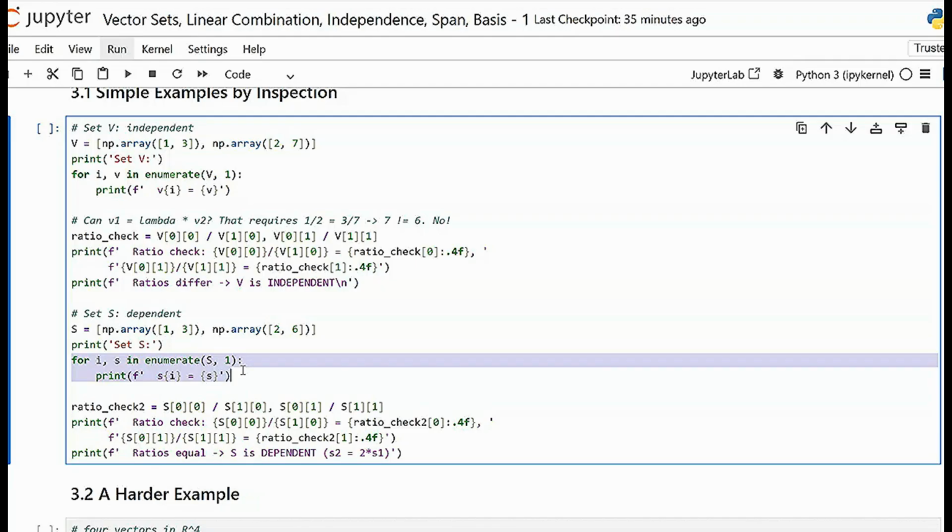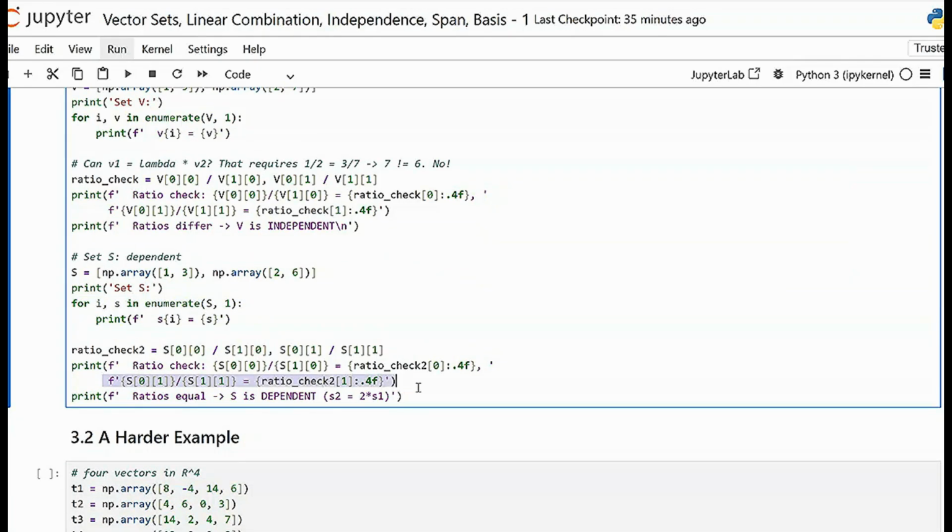Then we compute the element-wise ratios. It displays both the ratios, and within the ratios it shows that the ratios are equal with the same scaling factors. Kindly see what it is specifying: S2 is equal to twice S1.